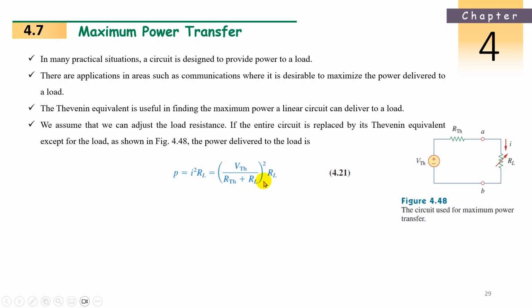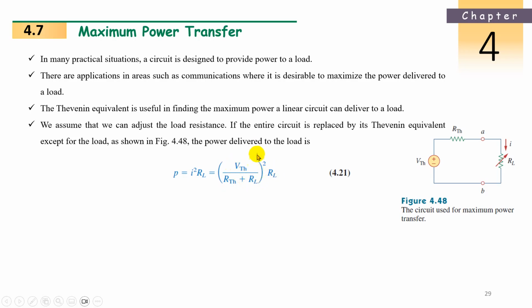Now when will it be the maximum power? Just increase the RL every time until it is equal to R Thevenin. Then the total resistance becomes 2 times R Thevenin. Here we get V Thevenin power 2 divided by 4 times R Thevenin power 2, so one R Thevenin will cancel.